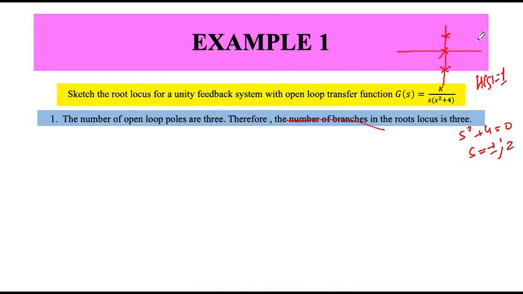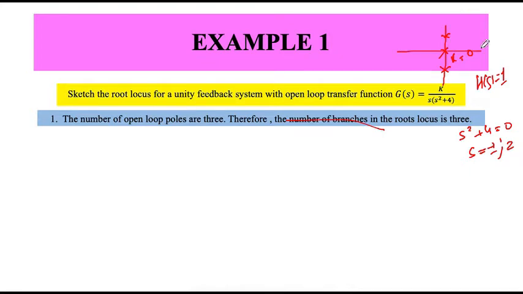When k equals 0, I am just here on this imaginary axis. So my root locus is like this, symmetric about the real axis, and all of them go to infinity because there is no zero. Now how do they go to infinity?